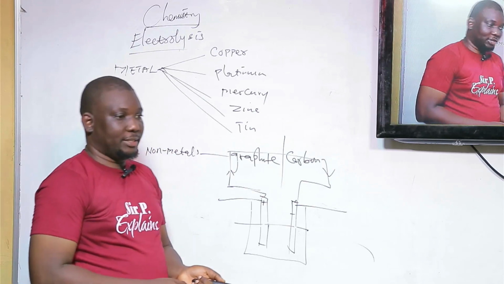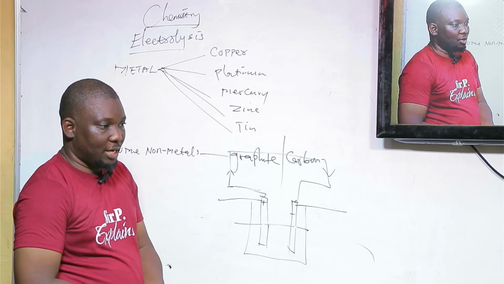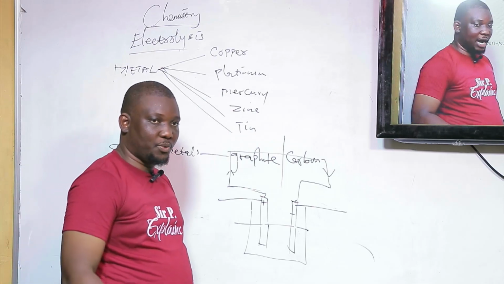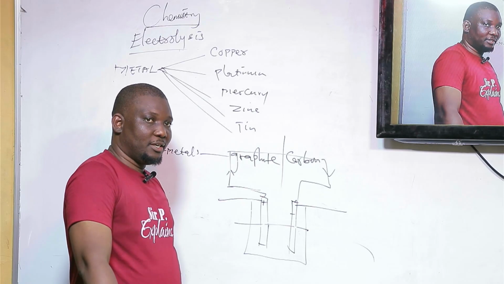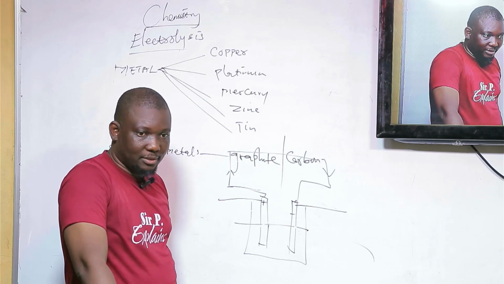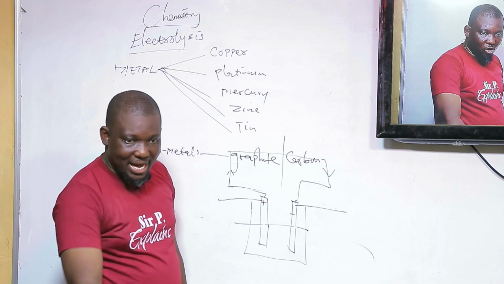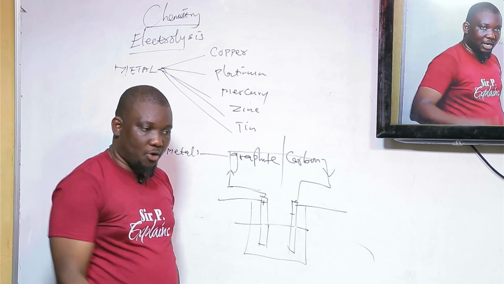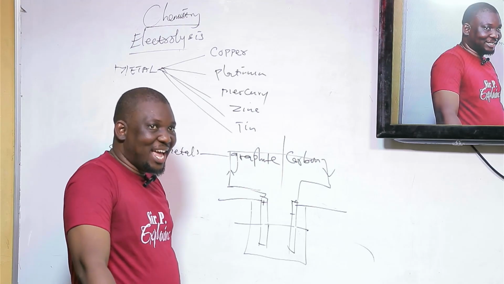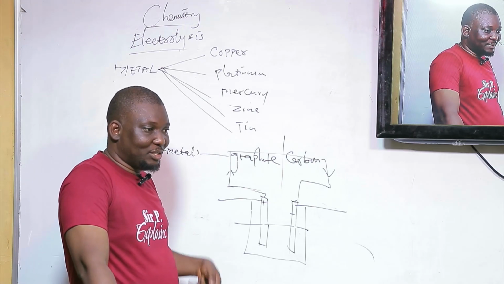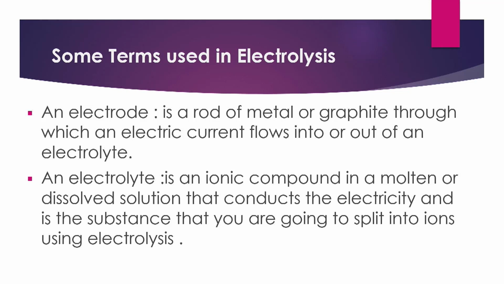We have an electrolyte. What are electrolytes? They are ionic compounds that, when melted or in solution, can conduct electricity. This substance usually splits into ions during the process, that is, they must decompose during the process.